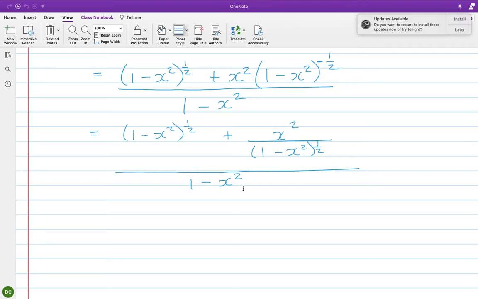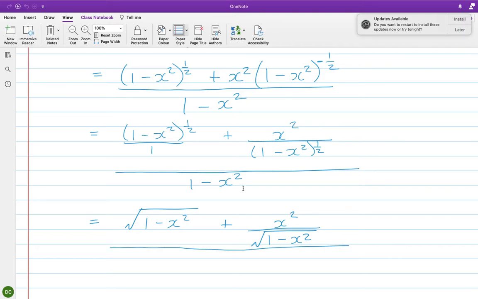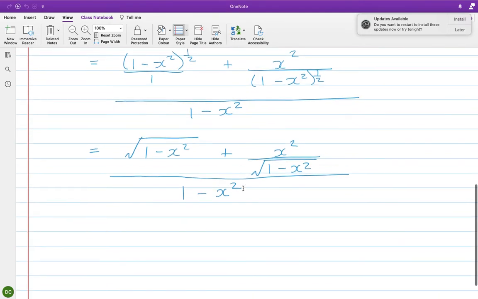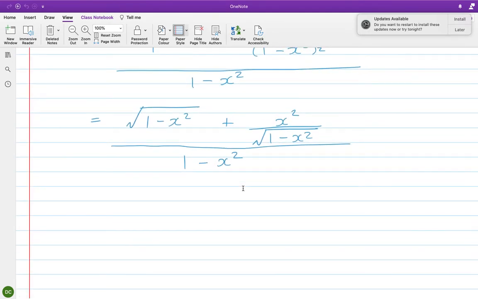Okay, I think I'm going to go back to square roots. So the square root of 1 minus x squared plus x squared over the square root of 1 minus x squared, all over 1 minus x squared. So top line, I'm going to put this over 1 and do a common denominator. So the common denominator is going to be the square root of 1 minus x squared.